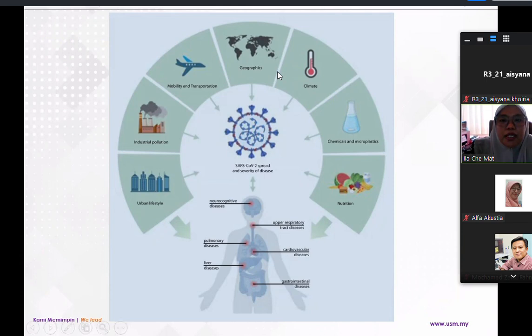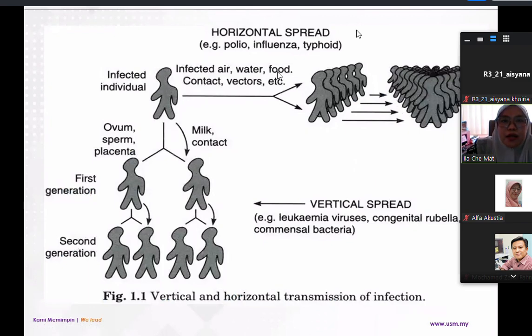So that's how it is. And then chemicals and microplastics. Microplastic can be a carrier for the virus, because the virus can stay on the surface of the plastic, and then it can become infectious when other people touch it. Okay, and nutrition, of course, is related to immune status.